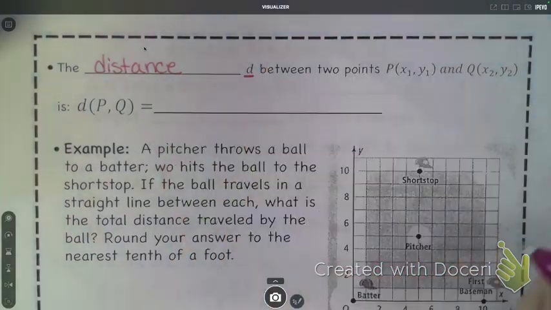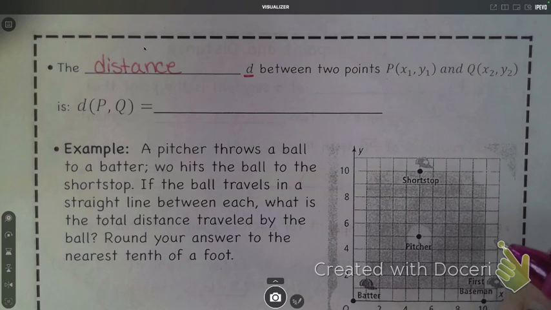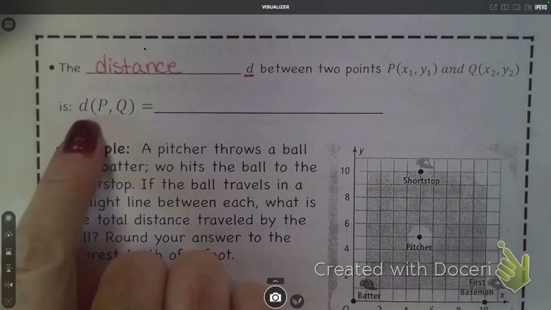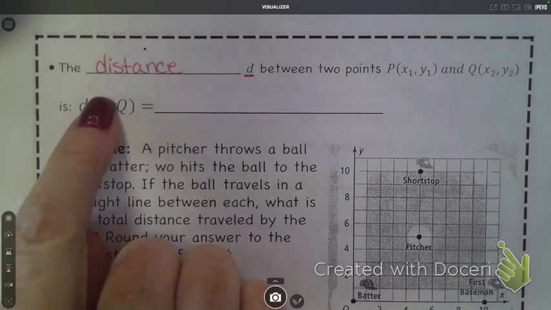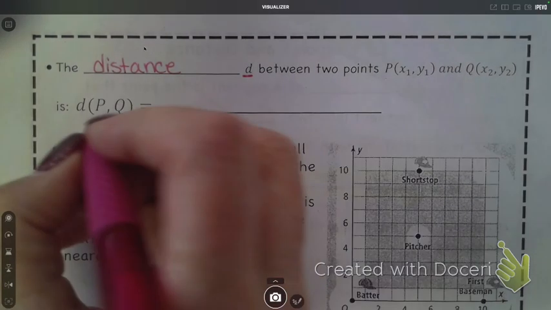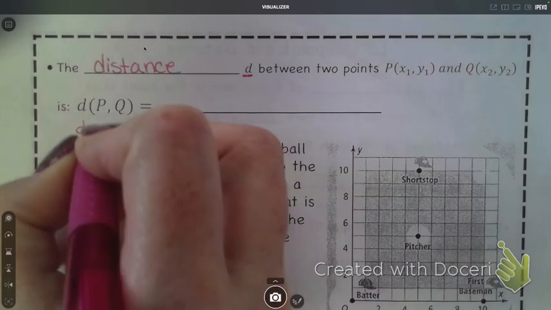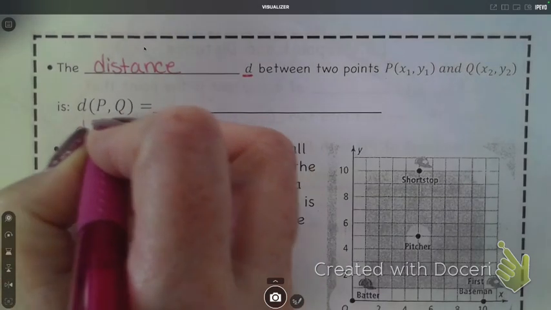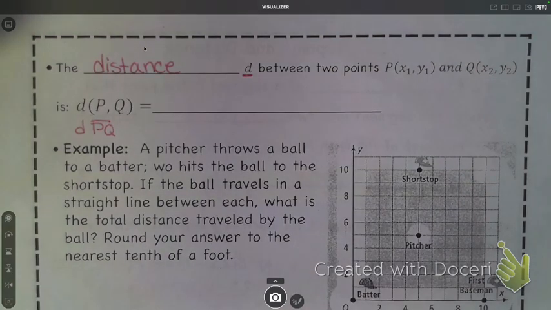A lowercase d is what we use. That's the variable we use to show distance between 2 points, P and Q, and how we write that is d(PQ). And sometimes you can write d and then PQ if it is a segment. You can write it like that as well.